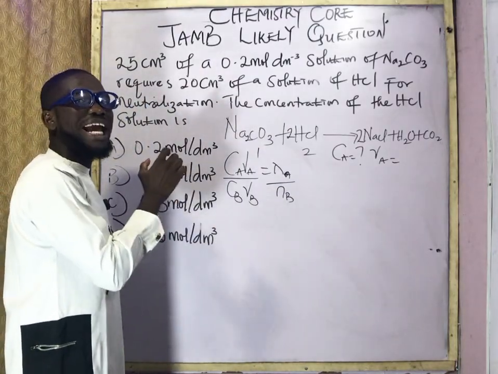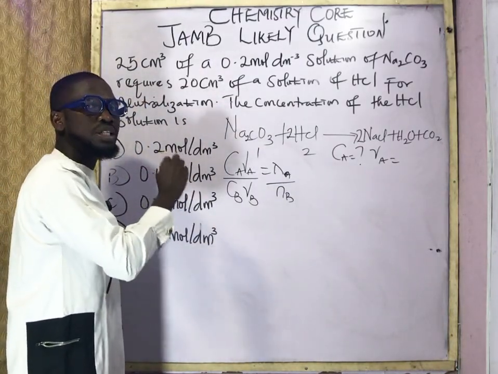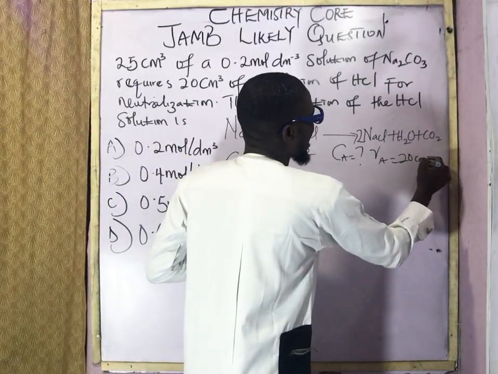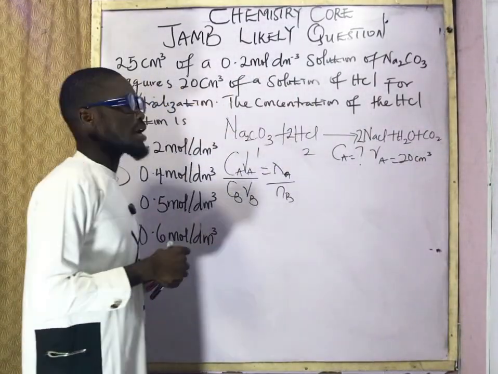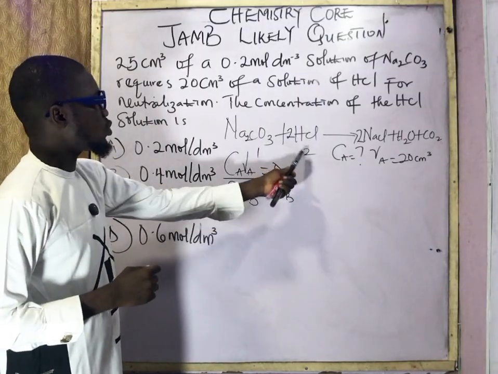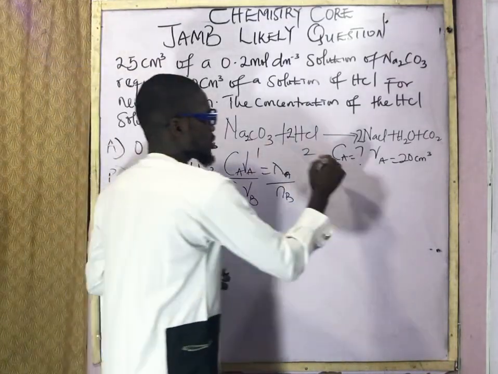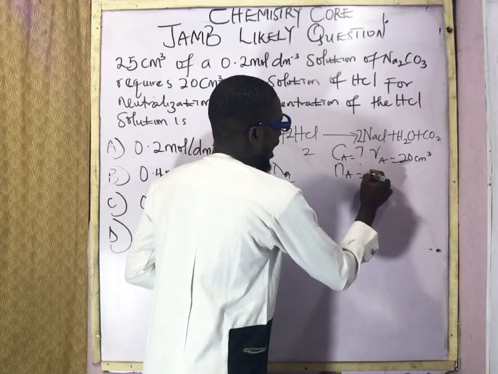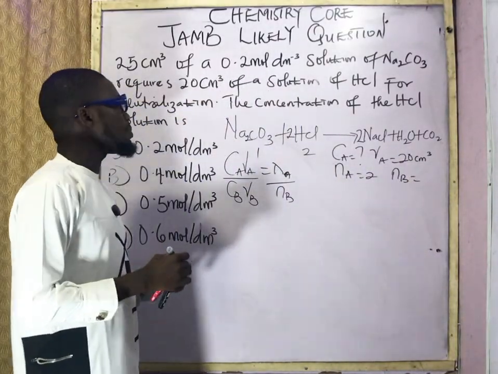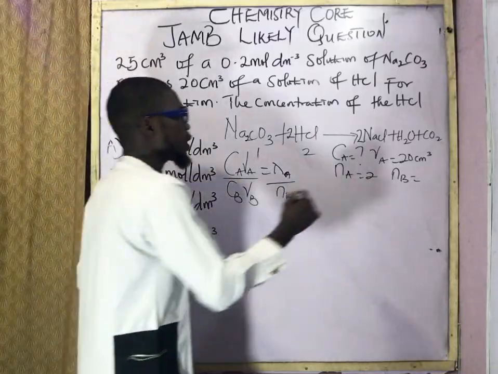As I mentioned earlier, HCl is the acid, so the volume of the acid is 20 cm³. Now, what is the number of moles of acid? What do you have here? 2. So Na is 2. Nb, the number of moles of the base, is 1.